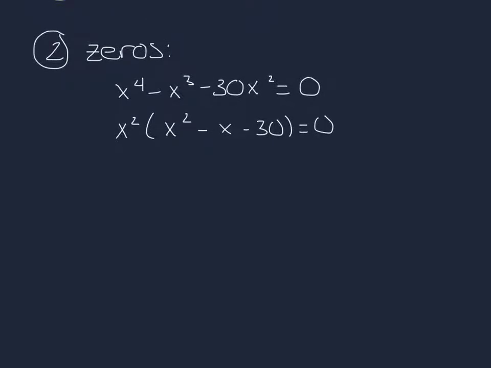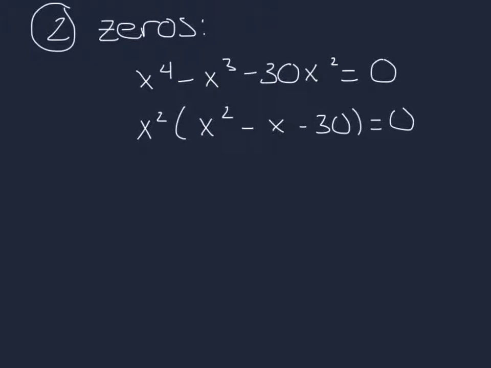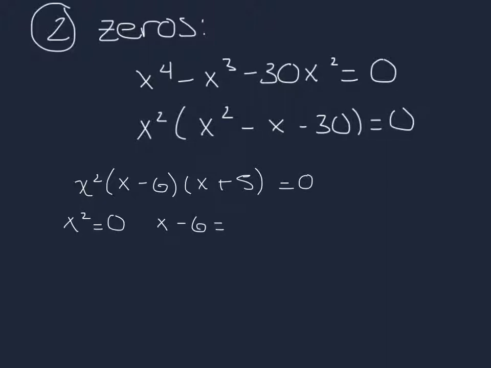Now, is that trinomial factorable? Yes. What is it factorable to? Good. So x minus 6 times x plus 5 equals 0. So here I get x squared equals 0, here I get x minus 6 equals 0, and here, that should say x plus 5 equals 0. So x equals 0, x equals 6, x equals negative 5.